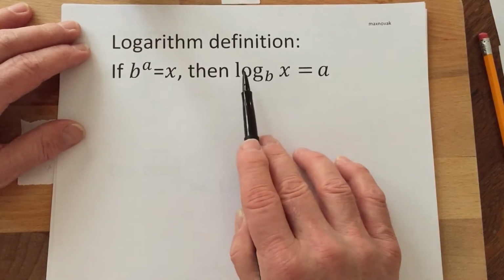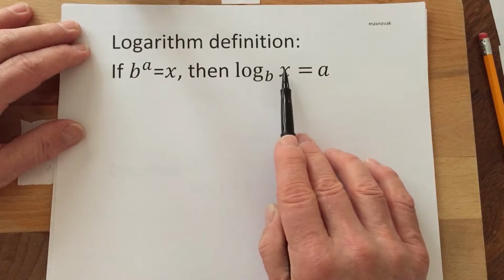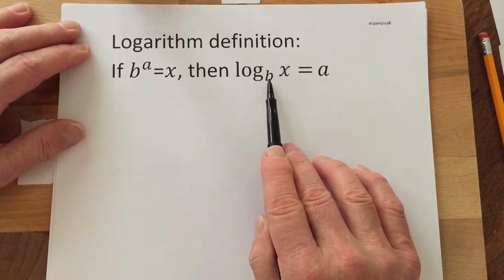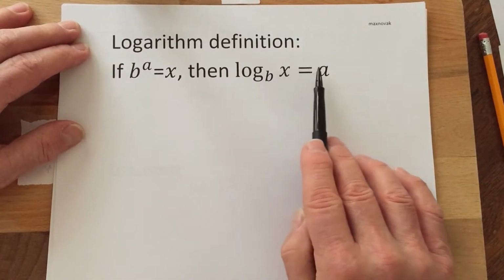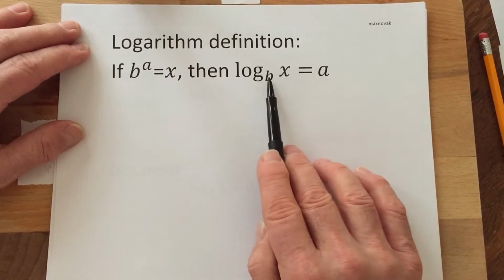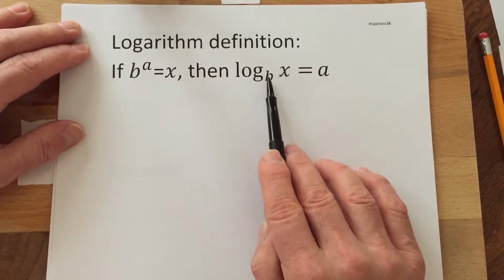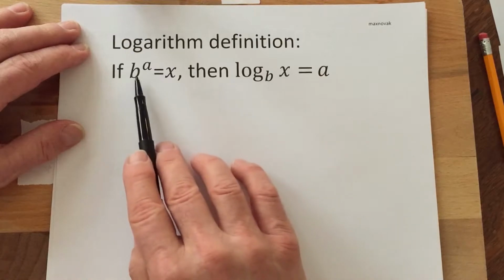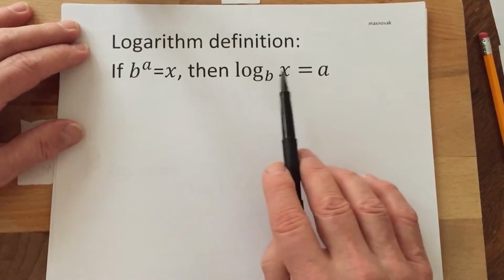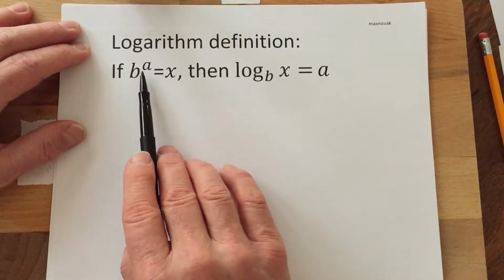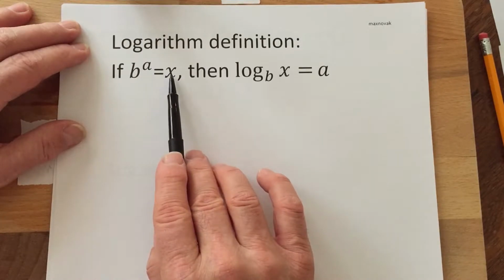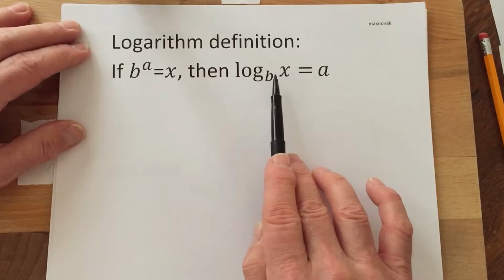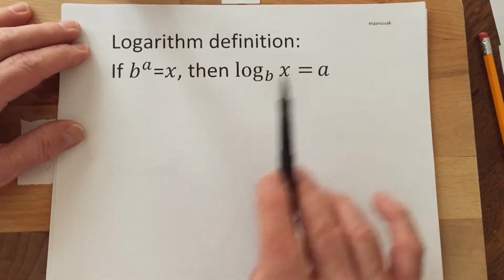You can think of the log of a number in a particular base as the power to which you need to raise this number to get to this. And that's right here, right? So if b to the power of a equals x, then the log base b of x equals a.